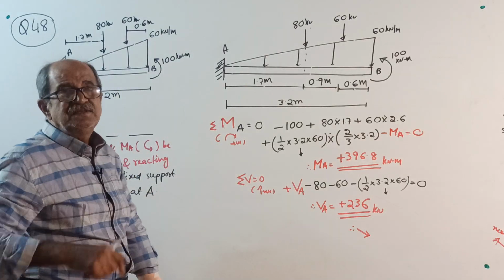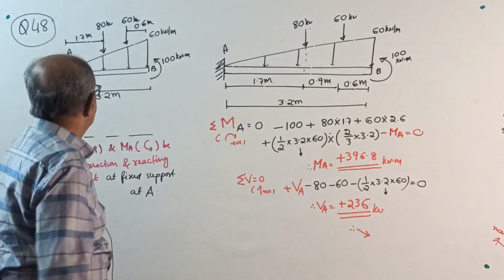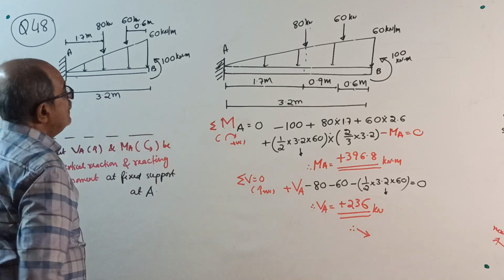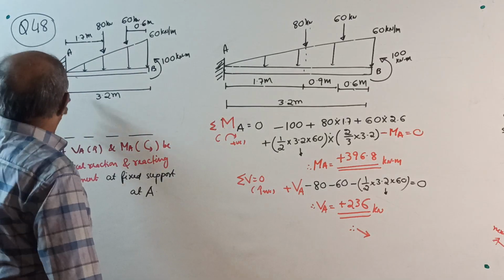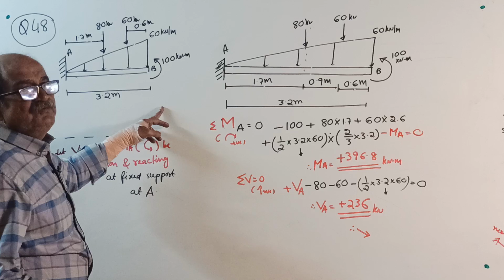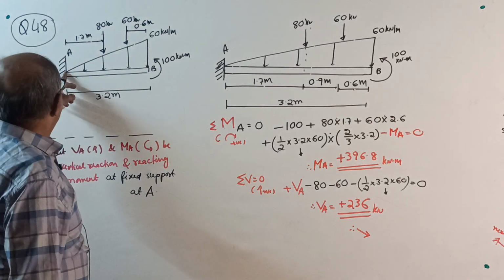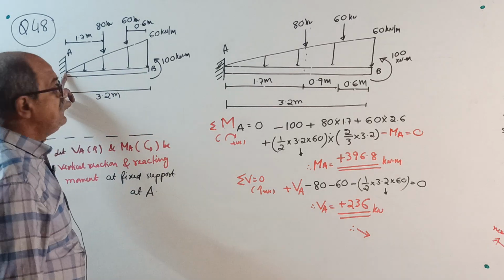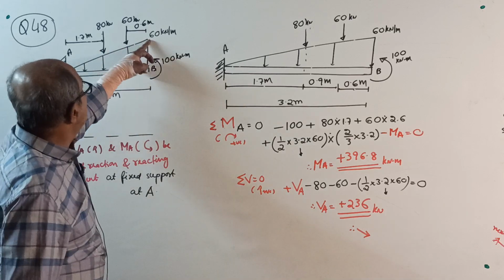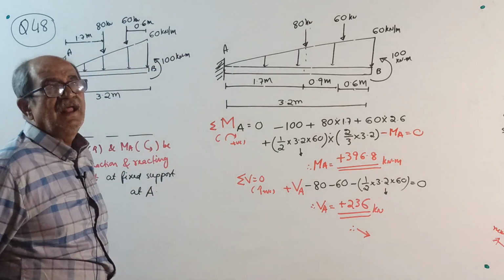If you want it in words, a cantilever beam is of length 3.2 meter. It is fixed at the left end, free at the right end. It is loaded by a uniformly varying load of intensity 0 at the left end and a maximum of 60 kN per meter at the right end.